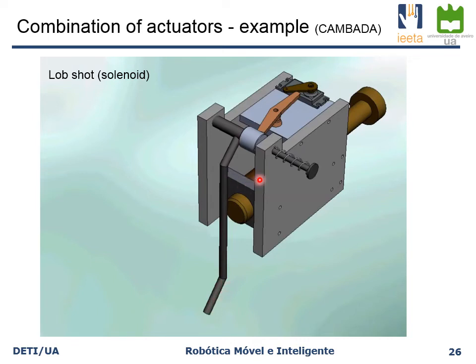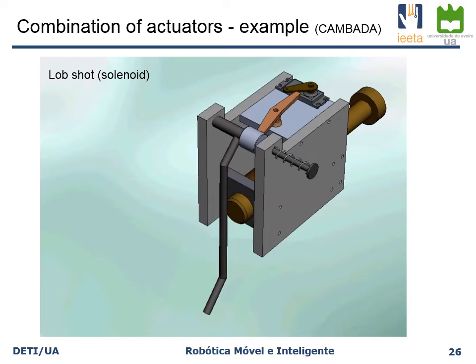Whenever you apply a current to the solenoid, it will generate a magnetic field that in turn generates a force that pulls the plunger towards this point. And by pushing this mechanical part, a kind of foot, it will kick the ball and generate a lob shot.